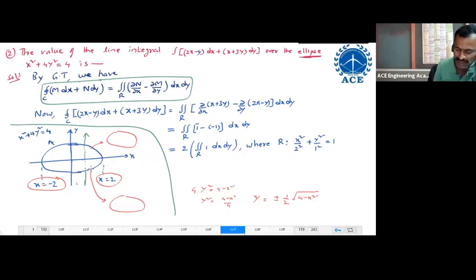Below the x-axis, y is negative; above the x-axis, y is positive. That is why we take y equal to plus under root of 4 minus x square divided by 2 for the upper curve, and y equal to minus 1 by 2 into under root of 4 minus x square for the lower curve. Like this we can find the limits and evaluate.